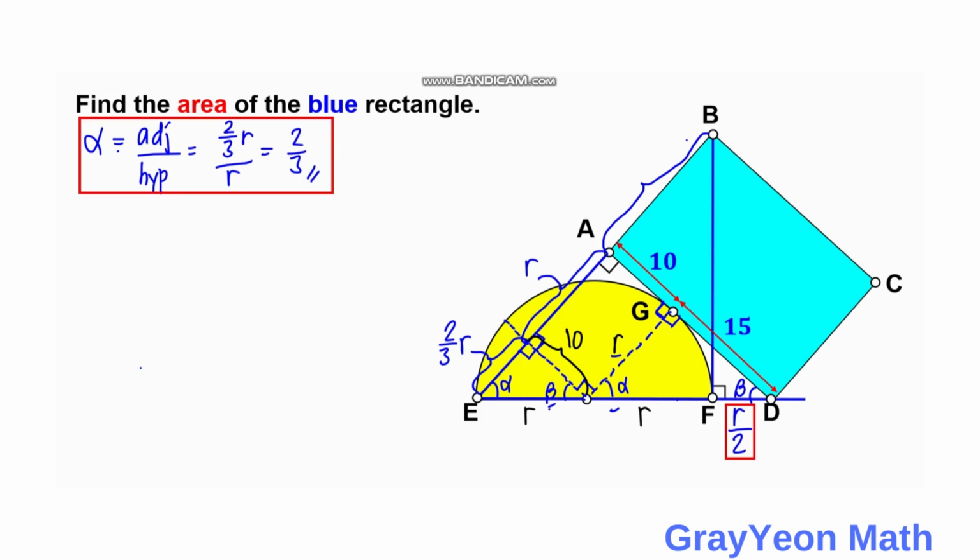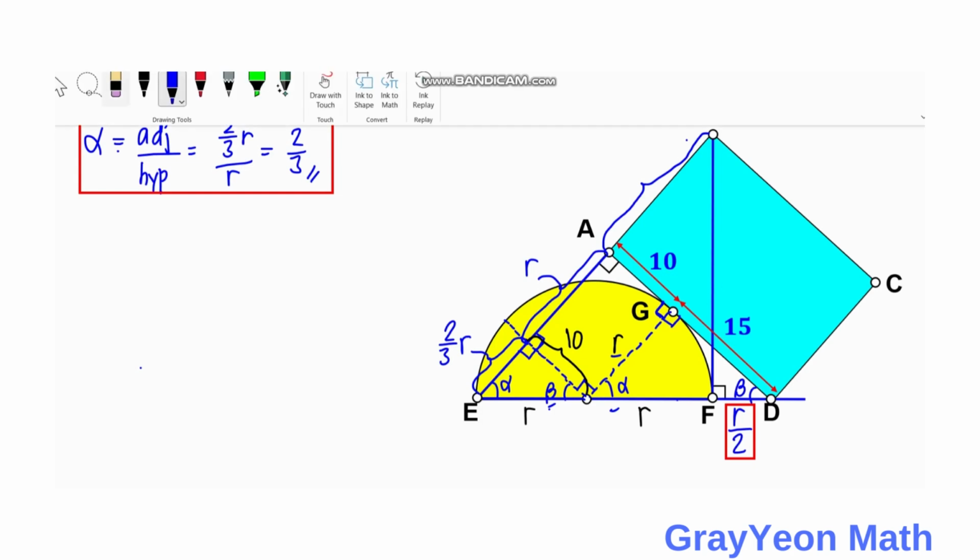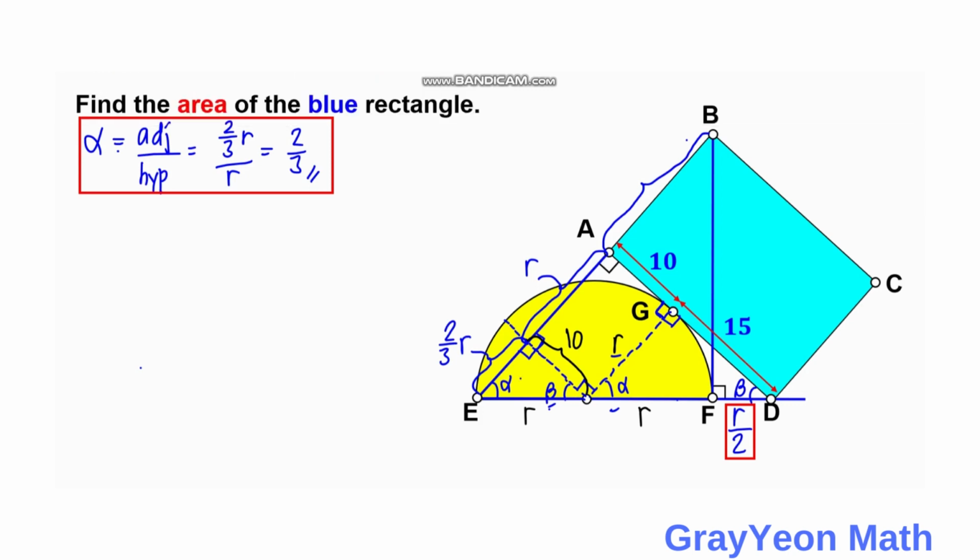Okay, so next we focus on the big right triangle BFE. For BFE, focusing on the angle alpha, adjacent over hypotenuse is 2 thirds, and it is equal to EF adjacent over BE.